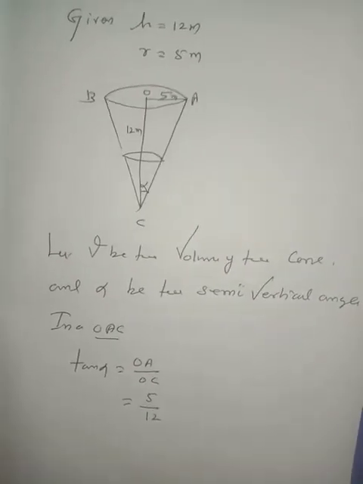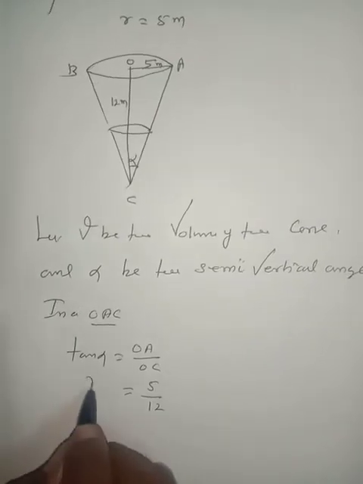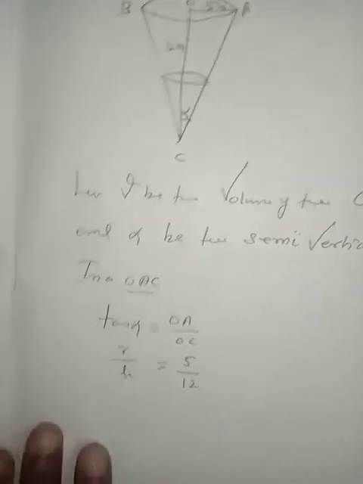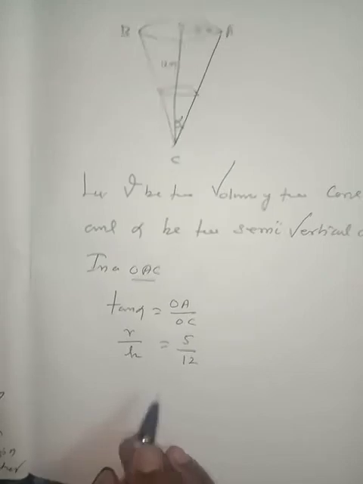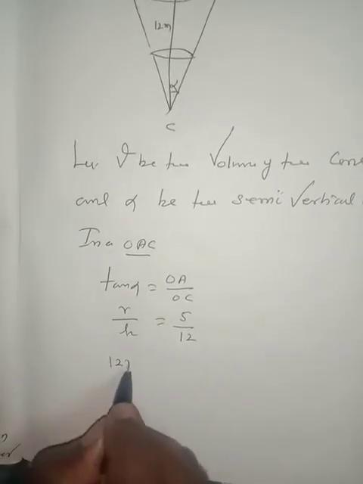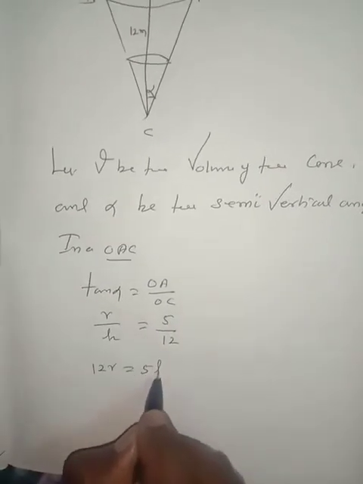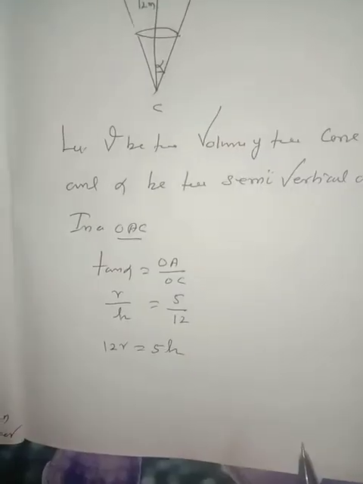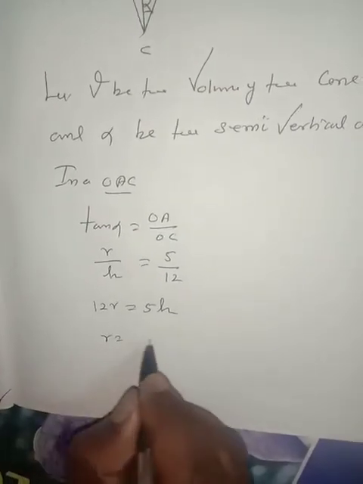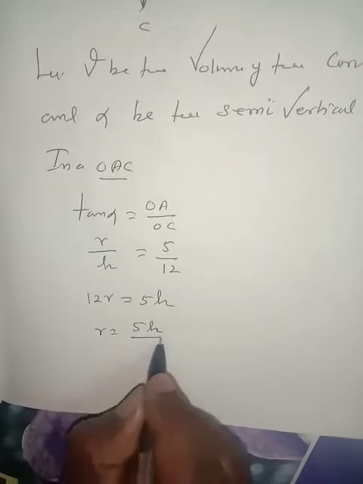This 5 divided by 12 is R by H. Cross multiplying we get 12R is equal to 5H, so R is equal to 5H divided by 12.